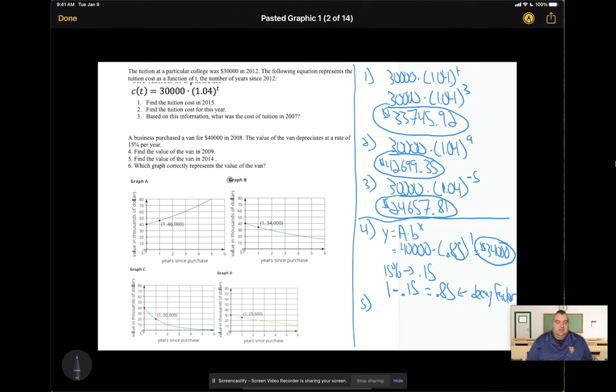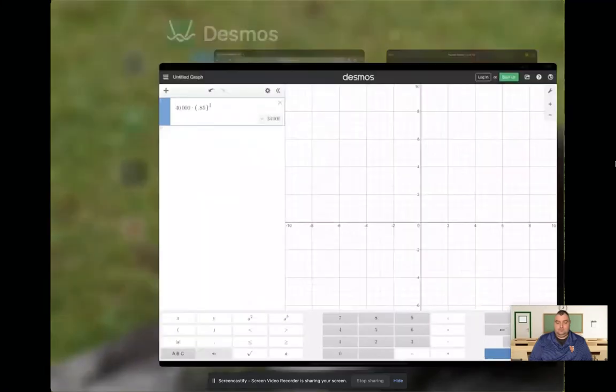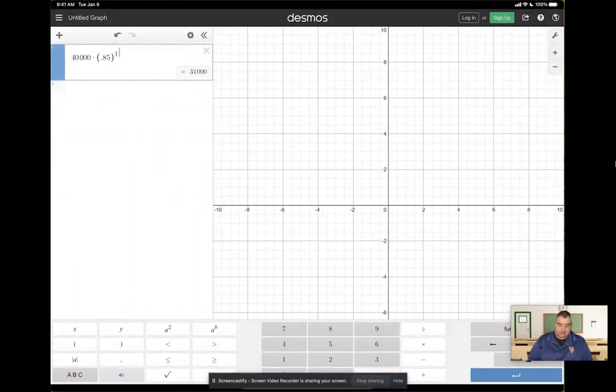Number 5, find the value of the van in 2014. So 2014 is how many years later? 2008 to 2014 is going to be 6 years. So to find the value in 2014, I'm going to calculate 40,000 times 0.85 to the power of 6. So let's calculate that. 40,000 times 0.85, and I'm just going to change this 1 to a 6.